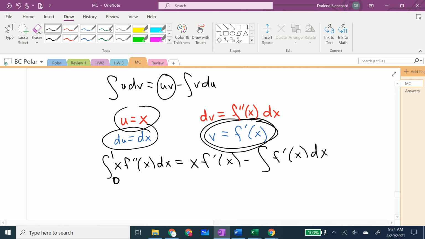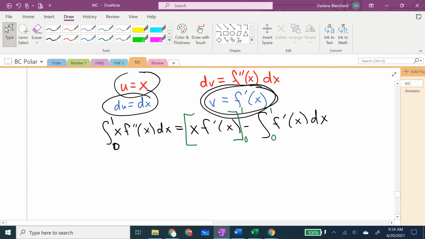Now, on the right side, this piece that has already come out of an integral needs to be evaluated from 0 to 1. And then the rest that still needs to integrate is an integral from 0 to 1. When I look at this, what is the integral of f prime?